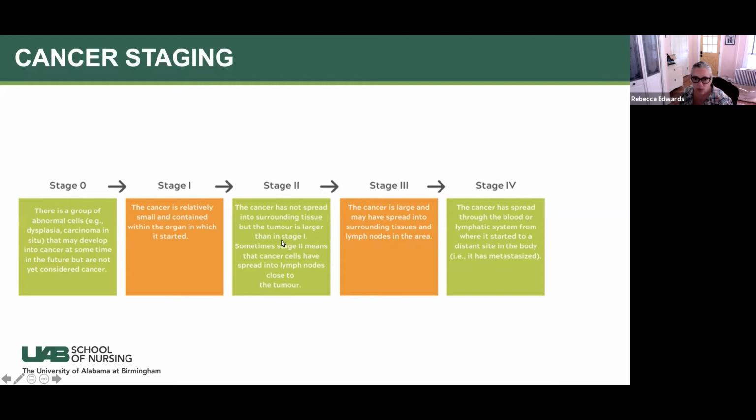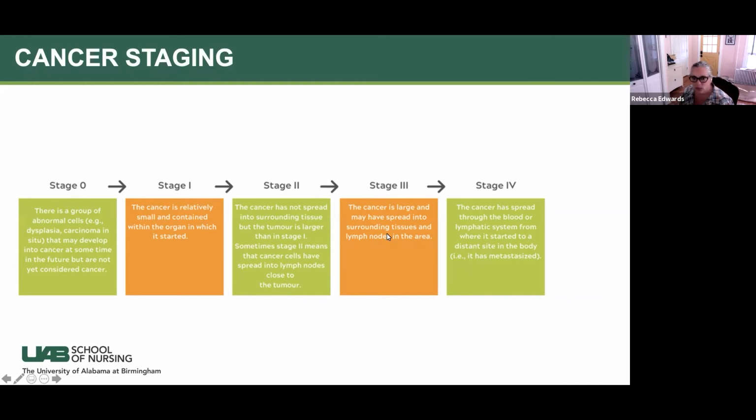Stage 2 has not spread outside the surrounding tissue, but is larger than a stage 1. So usually there's some sort of measurement criteria that would move from a stage 1 to a stage 2 if it's bigger, and that's usually in millimeters. Sometimes stage 2 means that cancer cells have spread into lymph nodes close to the tumor. So for a breast cancer, that may be axillary nodes, for instance.